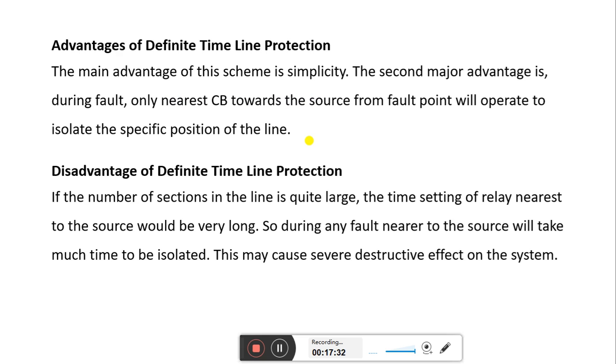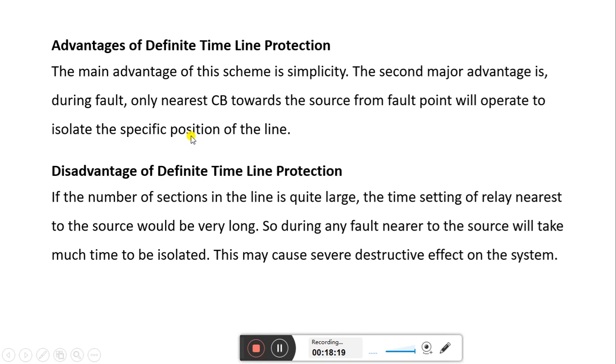So here we have defined the advantages and disadvantages of the definite time line protection system, because we have provided relays, called definite time relays, and we are protecting a certain length of the transmission line. The main advantage of this scheme is simplicity, and the second major advantage is that during a fault, only the nearest CB toward the source from the fault point will operate to isolate the specific portion of the line.